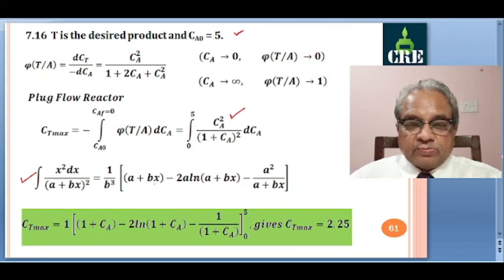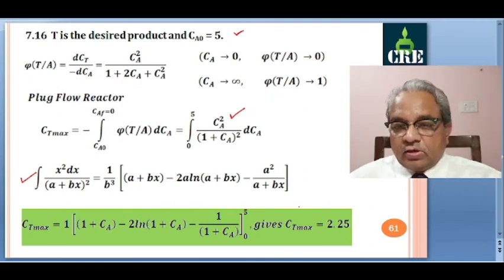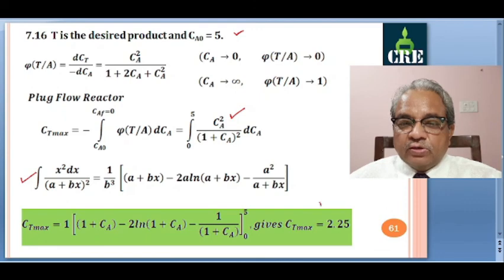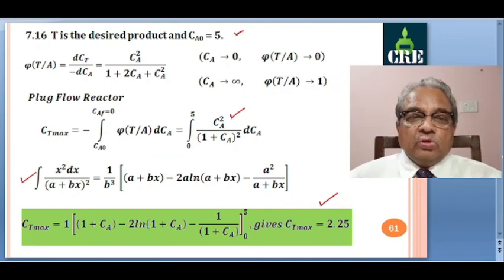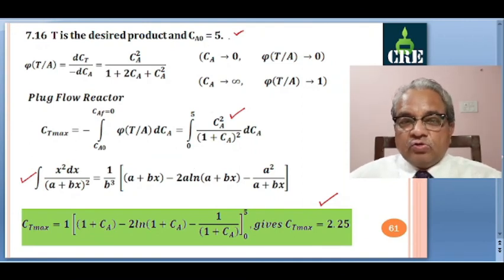A plus bx, 1 plus Ca, and all this, a is equal to 1, b is equal to 1, you substitute, and from 0 to 5, if you solve this, substitute all the values, upper limit minus lower limit, you get CT max value as 2.25. Okay. So if T is desired product and Ca0 is equal to 5, this value comes out to be 2.25.